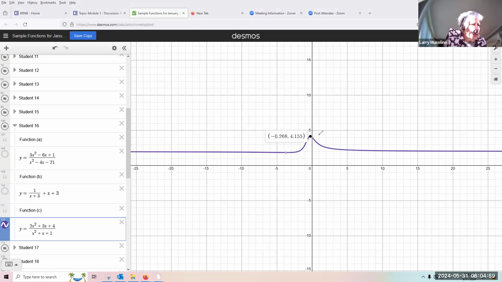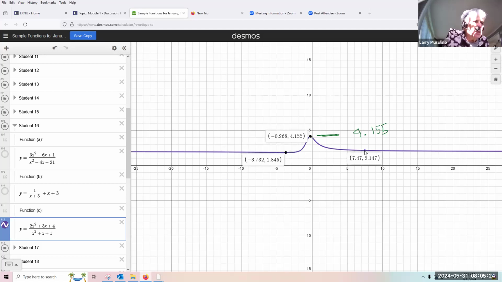So this height is 4.155. That's the maximum. And let me try to figure out how far does this graph go down. And I'm going to click on some of these. So it looks like maybe there's a lowest value right there. Look at it, 1.845. I think that's the smallest y value I'm going to be able to come up with.